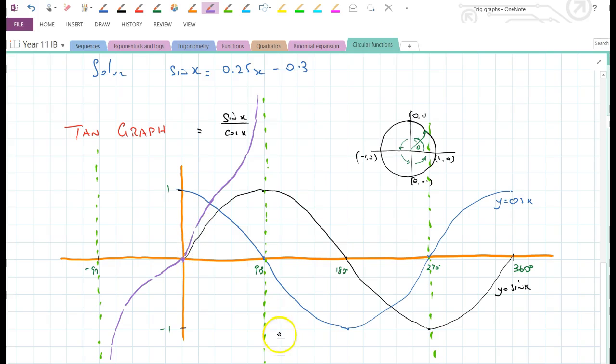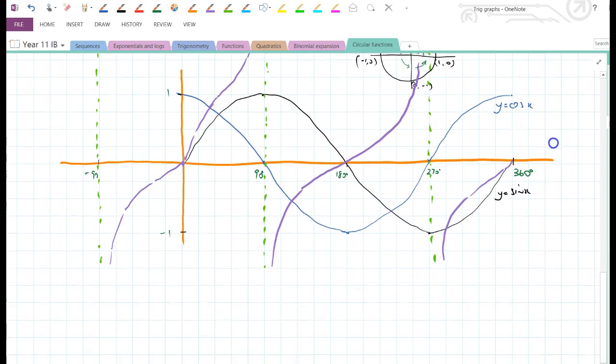It has this kind of shape to it, spins through 180 there, and up. It will continue to do that right the way through 360. It goes on forever, in 180 degree bands, between minus 90 and 90, 90 and 270, and we've got all these asymptotes. So there's our tan graph.